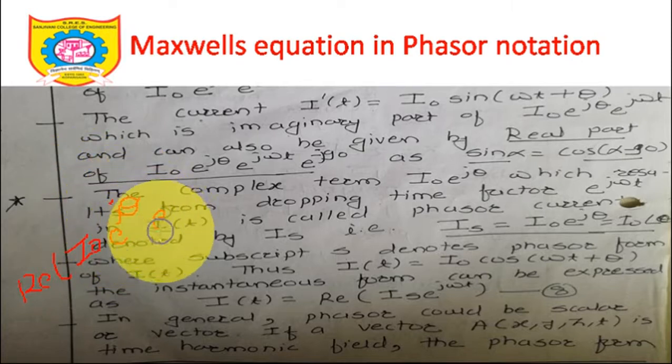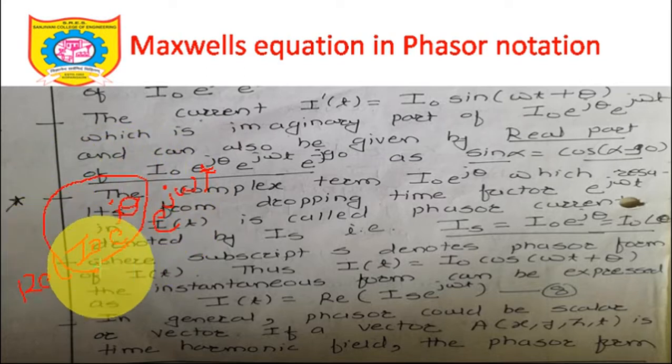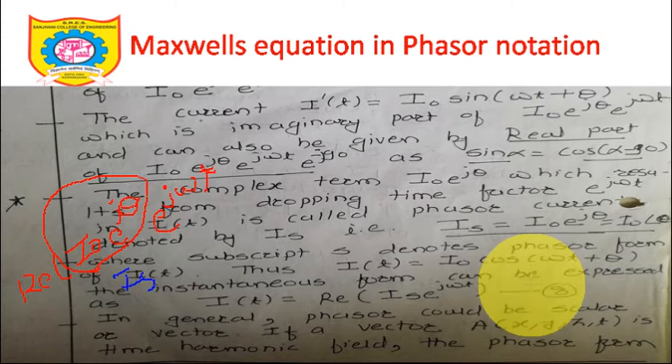Now I am going to replace this I0 e raised to j theta term by Is. If I replace this entire term by Is, I can represent it as the real part of Is e raised to j omega t, equation number 8. That's the thing which we want to do.